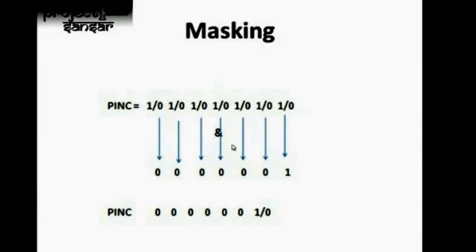For masking, we use something known as the AND gate. An AND gate is a logical operator that gives an output 1 if and only if both inputs are 1.